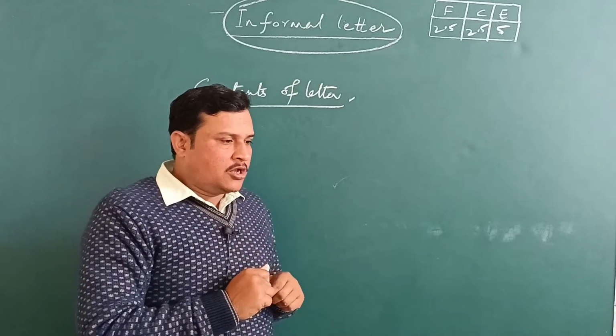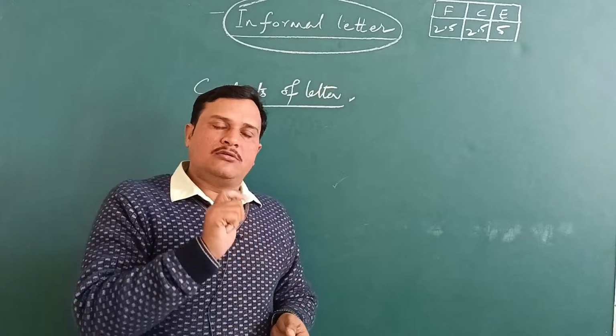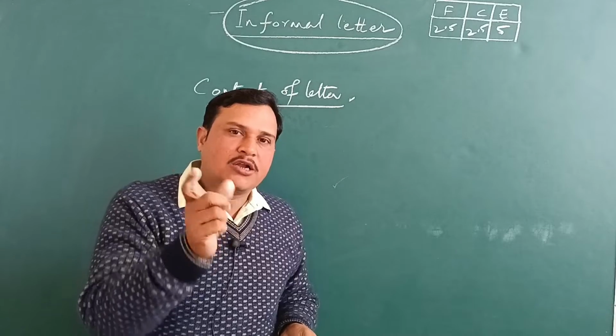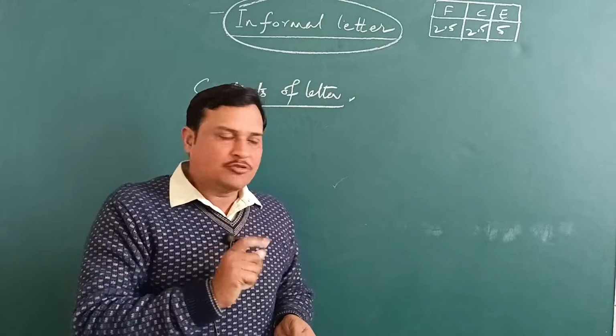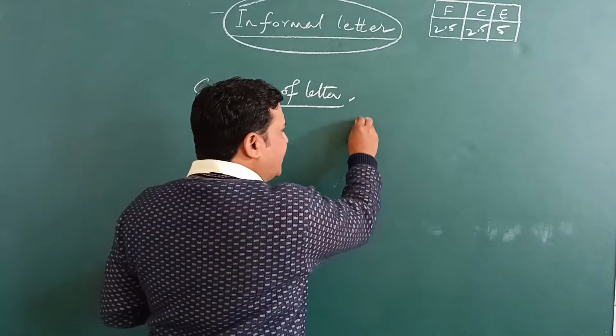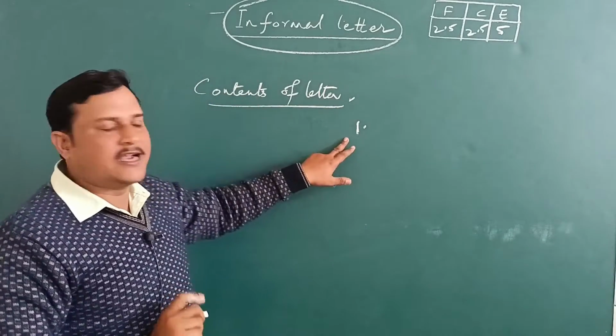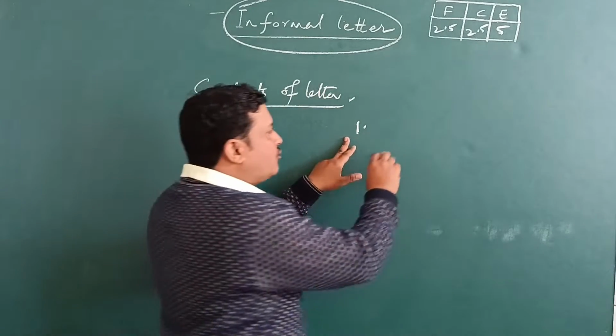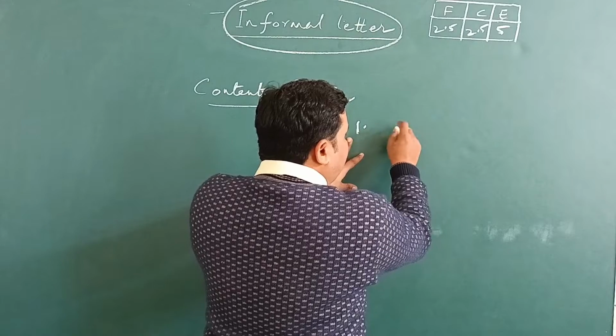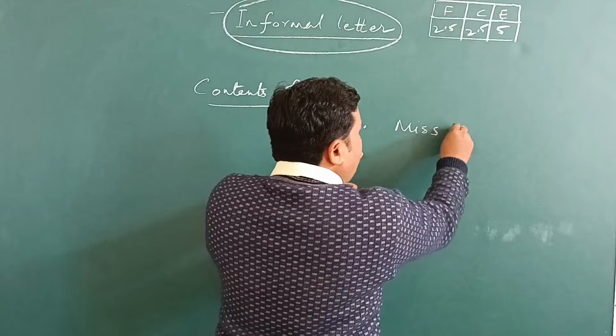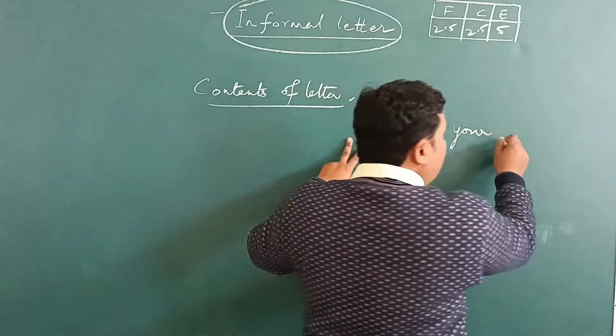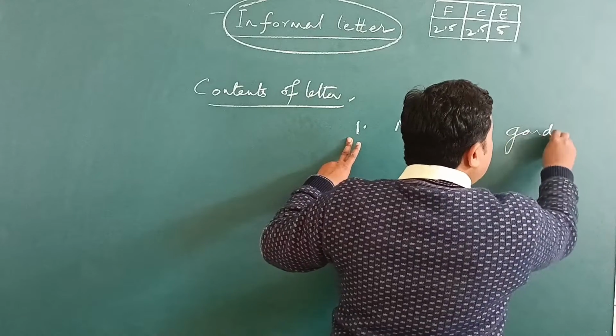Suppose you are going to tell your friend about your old house, what are the things you are going to miss. So you can create the points. The first content: you are going to miss your garden.